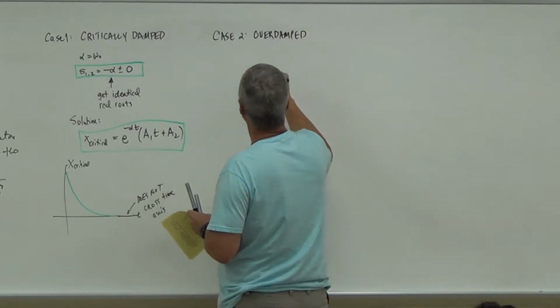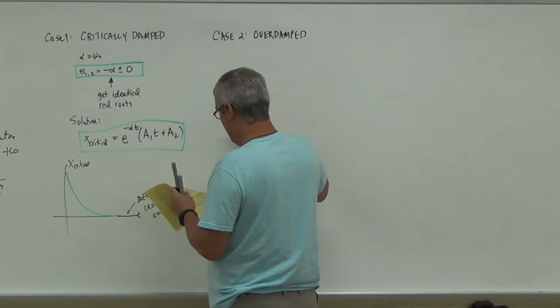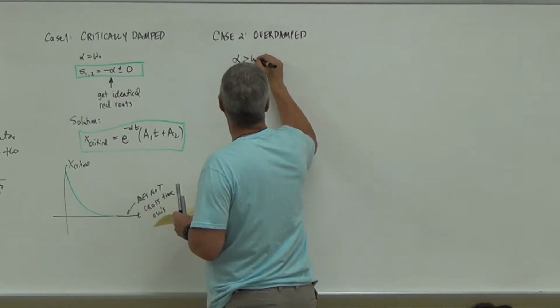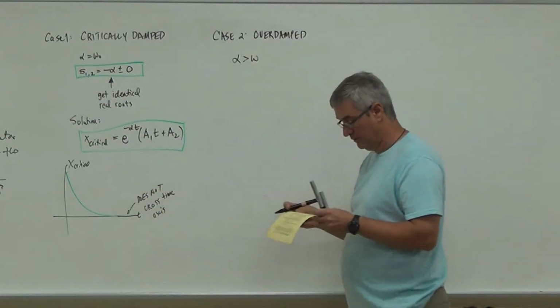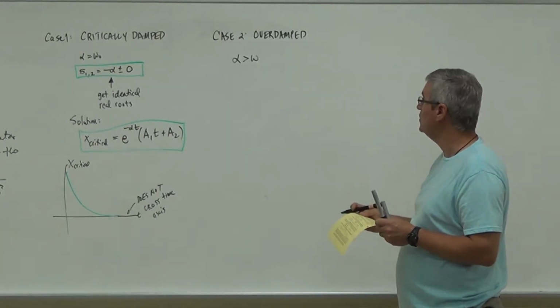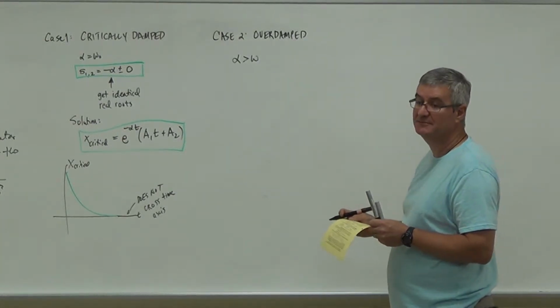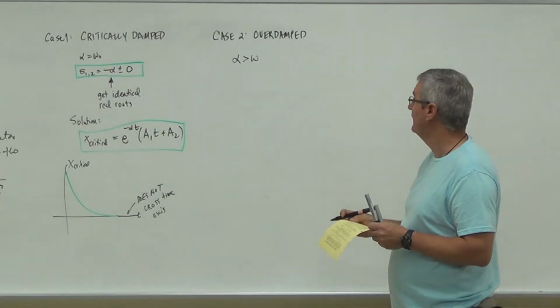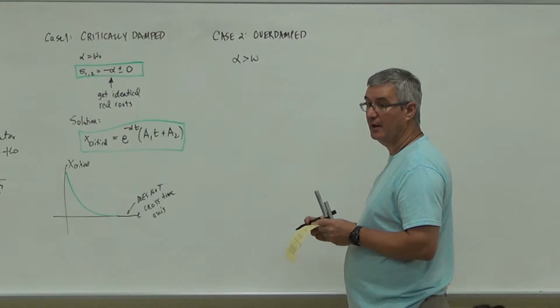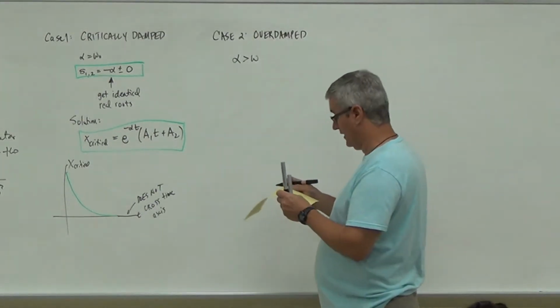And if I look at overdamped, what we're seeing here is that we have alpha greater than omega naught. That's a mistake. It's actually the other way around. And so I got to do this here.